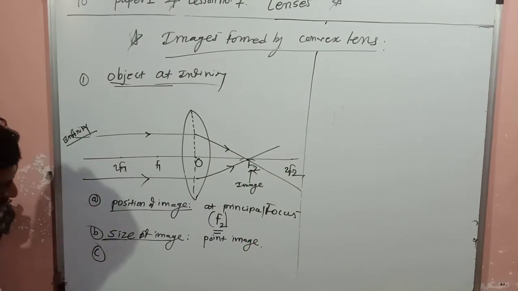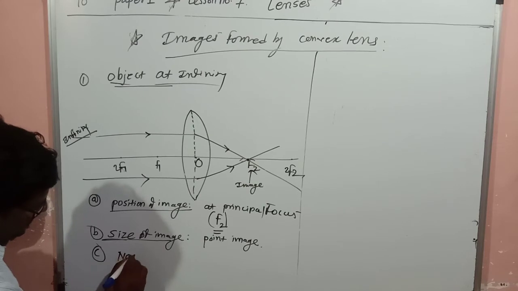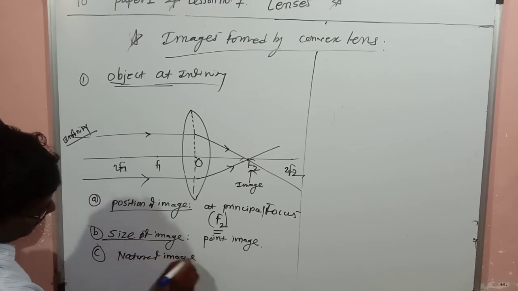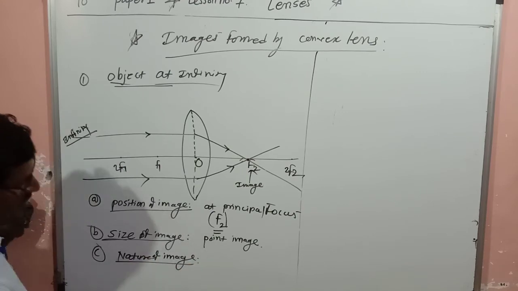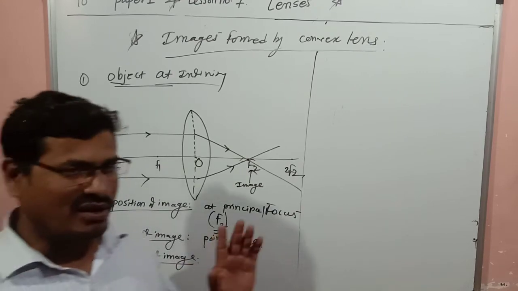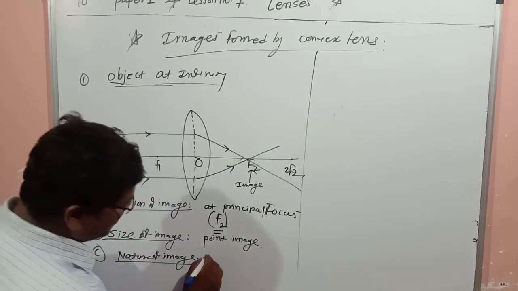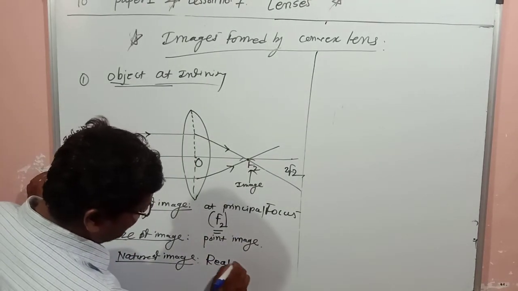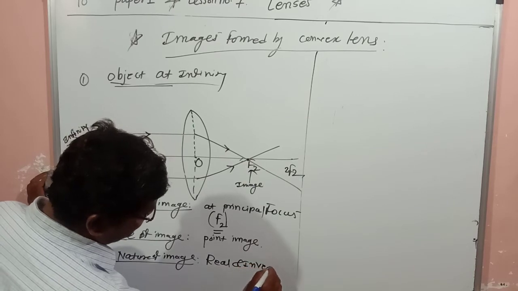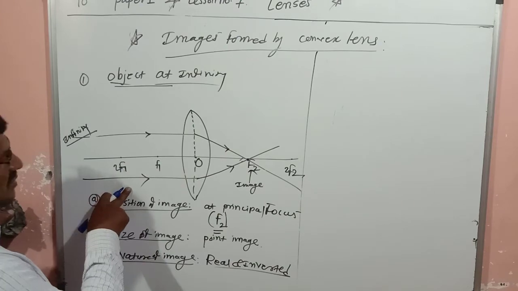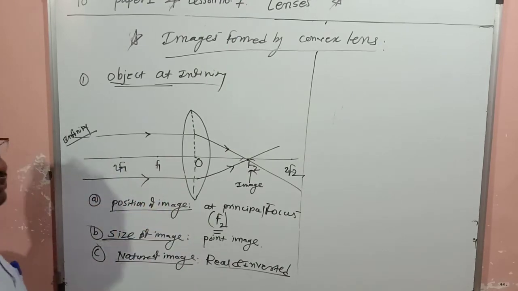And the third point is the nature of the image. Here, for the nature of the image, two things are there: real and inverted. The image will be real and inverted. Now what is meant by a real image, and what is meant by a virtual image?